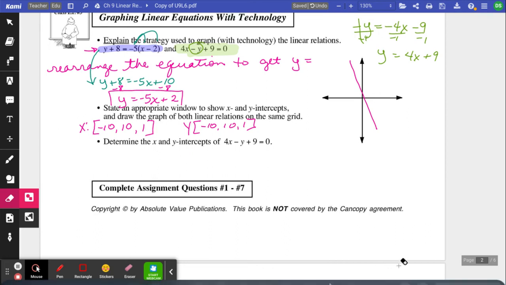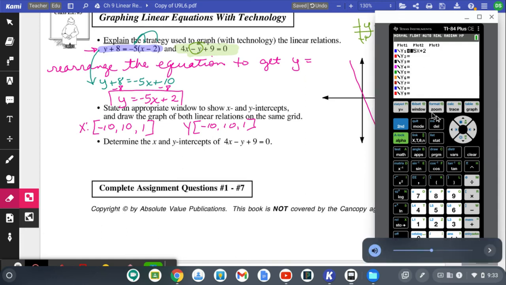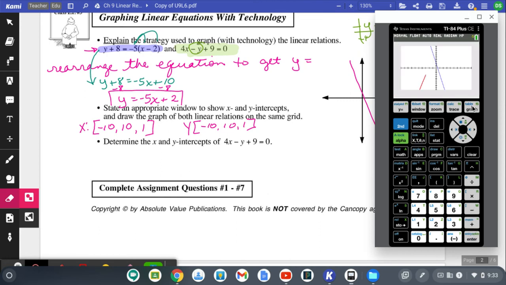Graph that. So get your calculator out. How about we do it in y2? So in y2, let's go 4x. Hit graph.